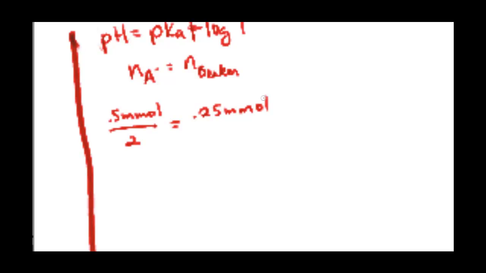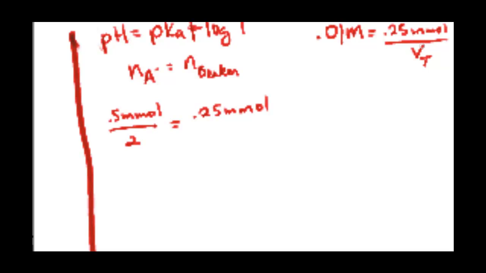Then what you can do is you can say, well, I know the molarity of that base, and I know the moles now is 0.25 millimoles, and I'm looking for the volume to achieve that many millimoles.